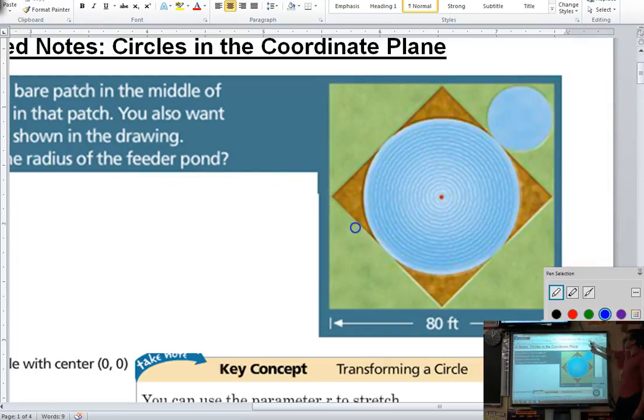Does anyone remember in your unit circle, actually let's just use this as our unit circle, how many radians it is to get around the circle once? All the way around. Like how many radians of angle it took? 2 pi.